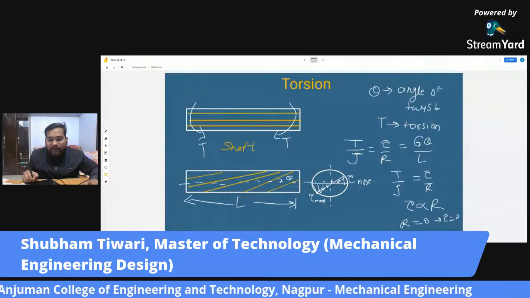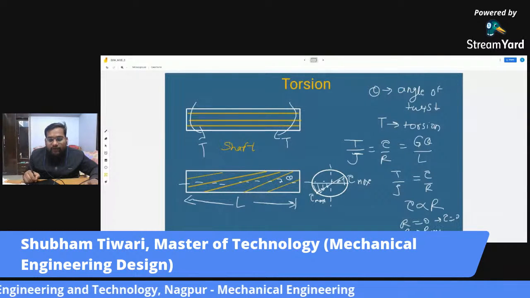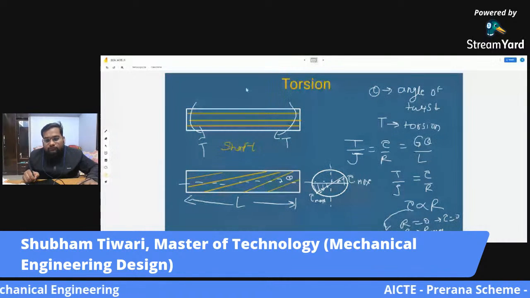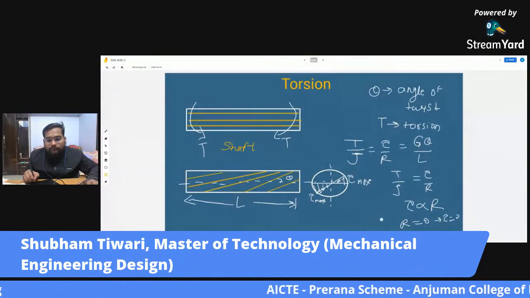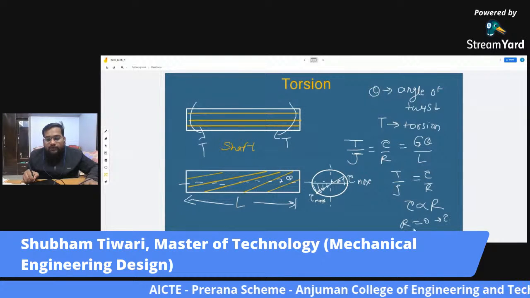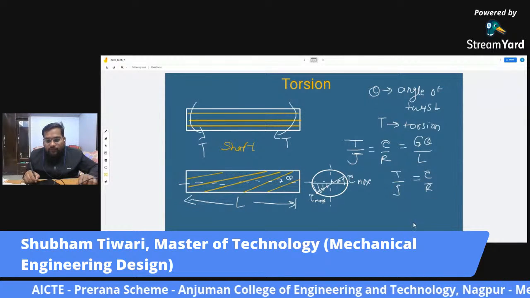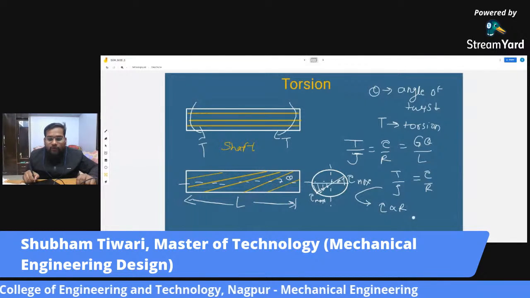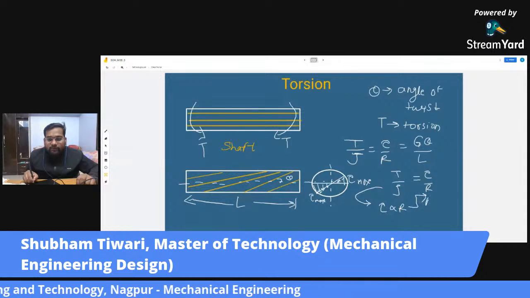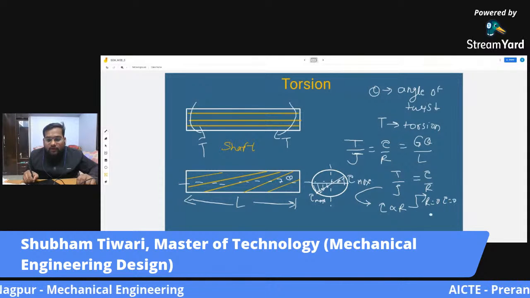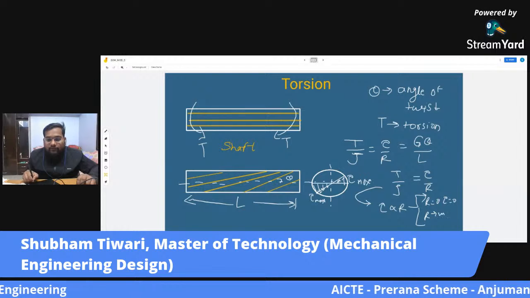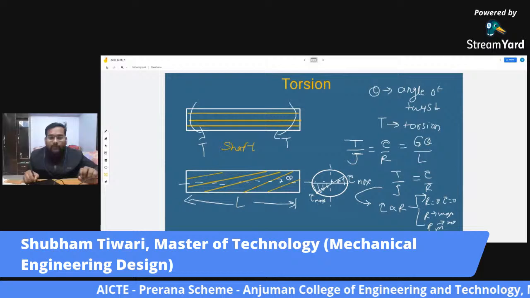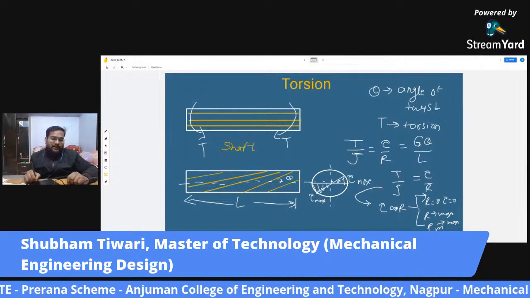And if R is maximum, then tau will also be maximum because they are in a direct proportionality relationship.